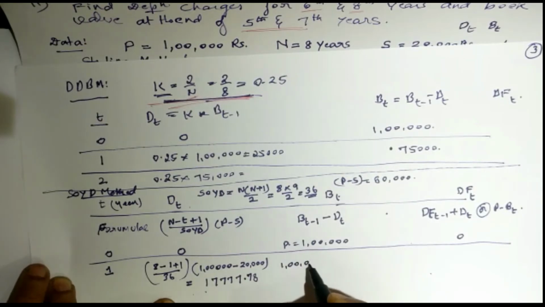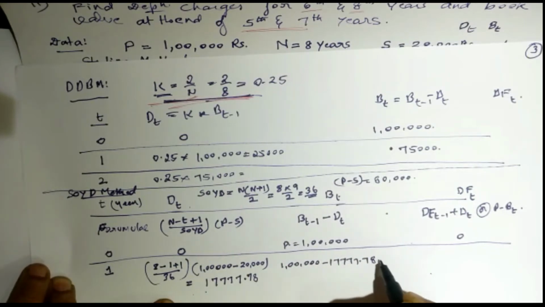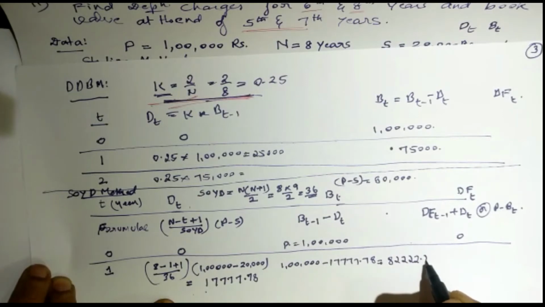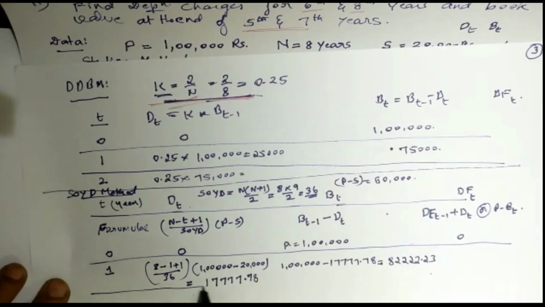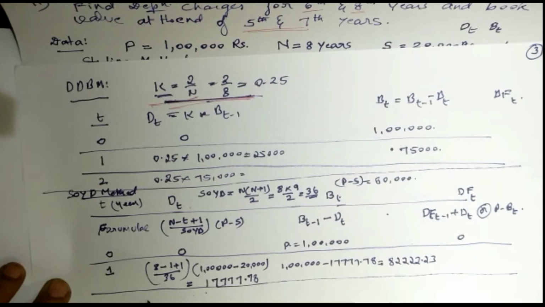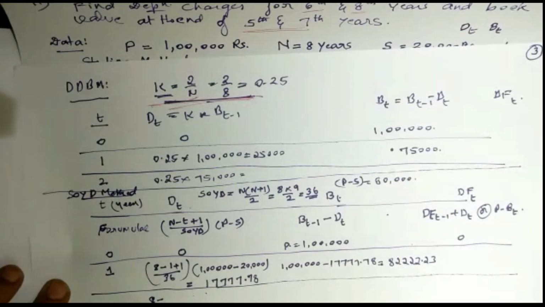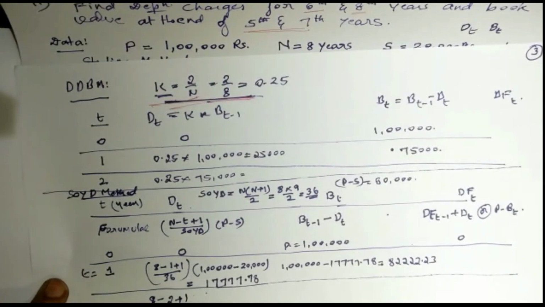Book value will be 1 lakh minus 17,777, which is 82,222.23. I will write the formula once, and there onwards it is the same formula. Next, second year. It is 8 minus T, where T is equal to 2 now, plus 1 divided by 36 into 80,000, where P minus S is 80,000.